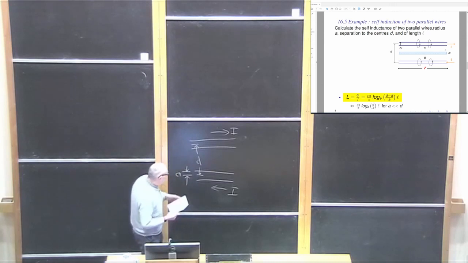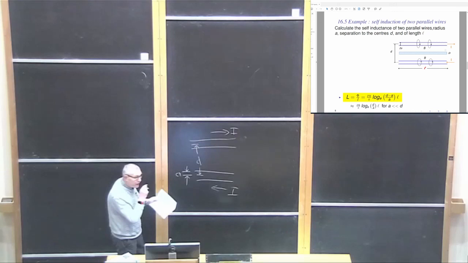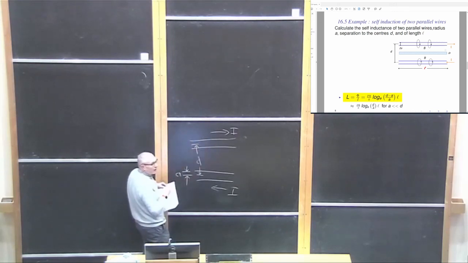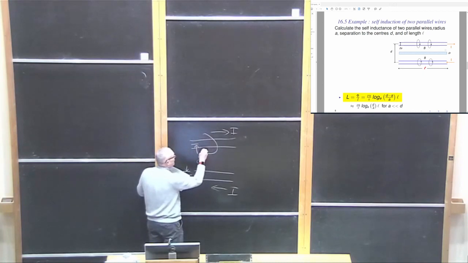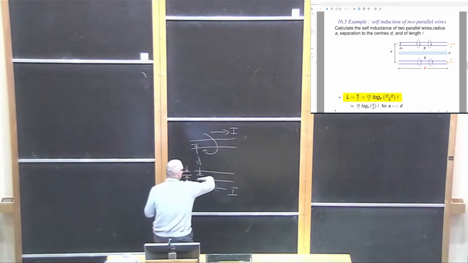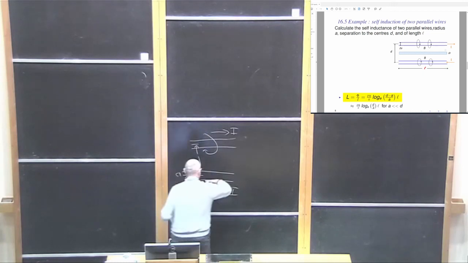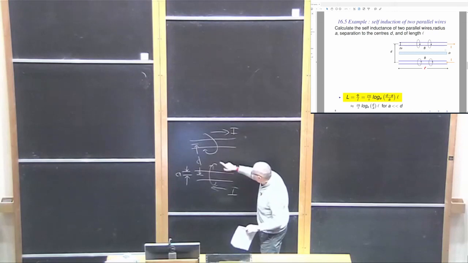Because of the geometry of this, the right-hand screw rule is going around like that in this circuit, and it's going around like this in that circuit.